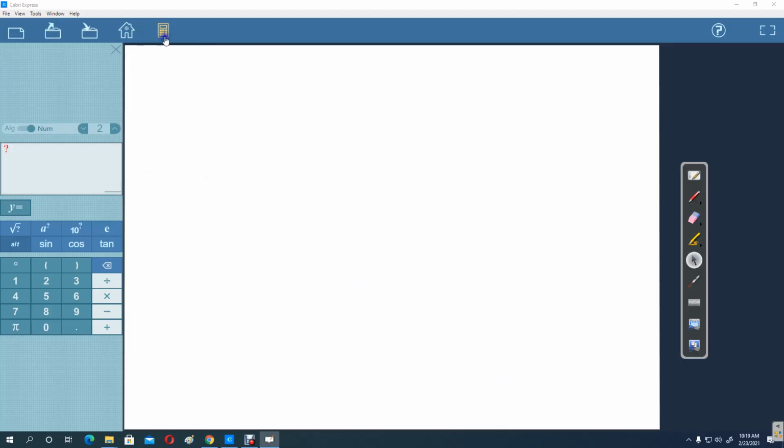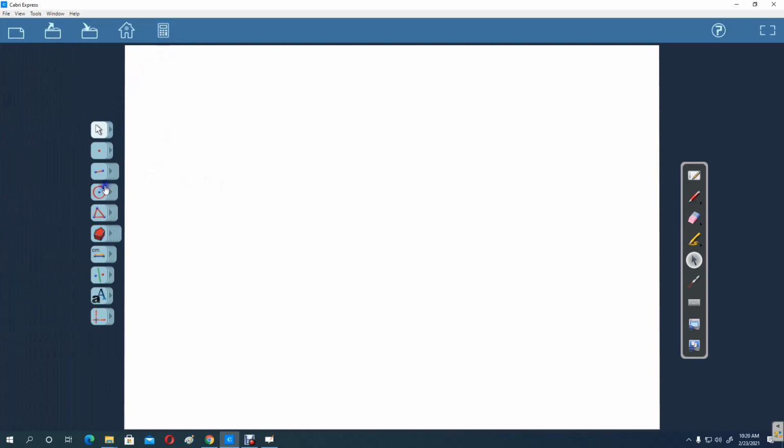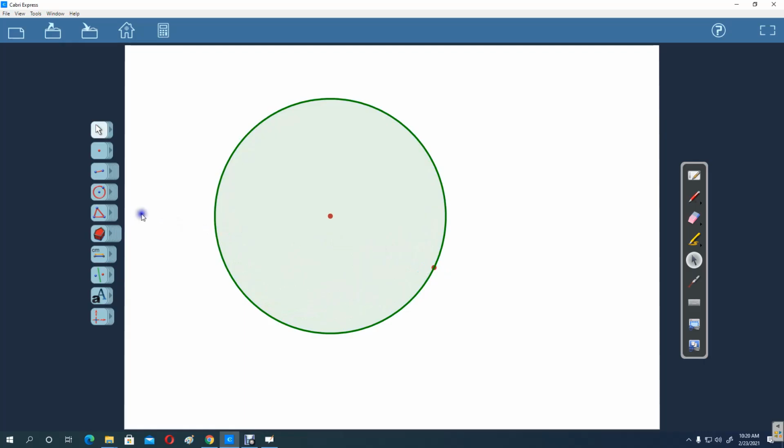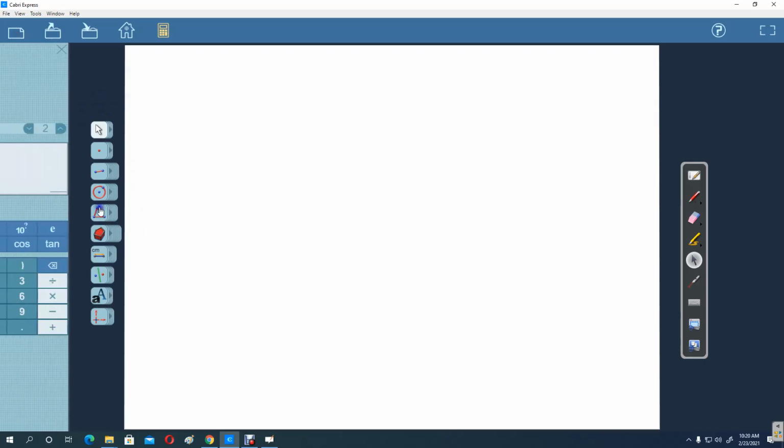Now we're going to demonstrate all of that by switching to another app here and drawing those circles and showing you how it works exactly. So let's draw a circle. And this is our circle. Let us now draw a triangle on this circle. Okay, let's clear that and start over.